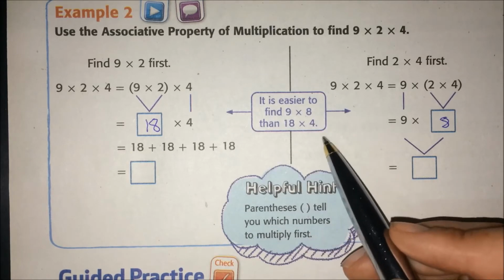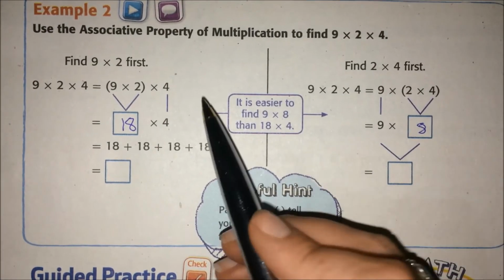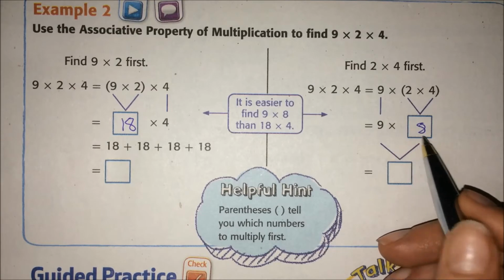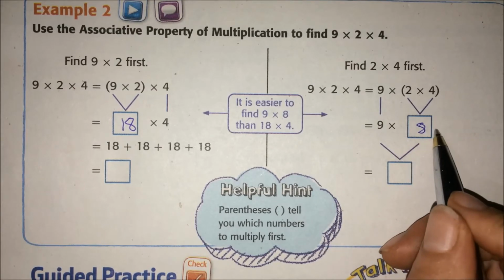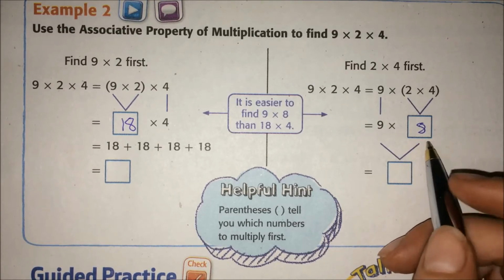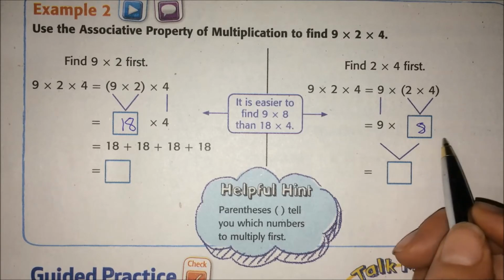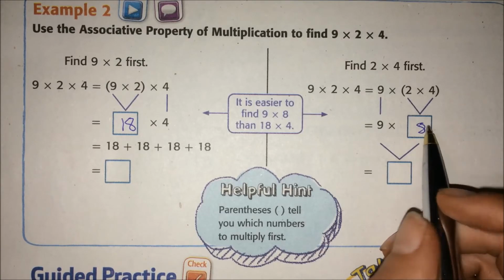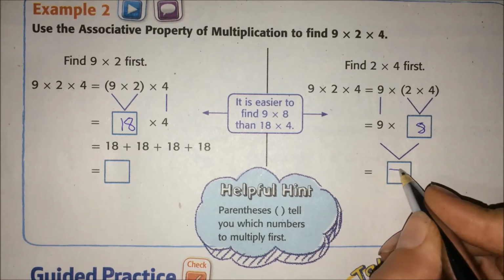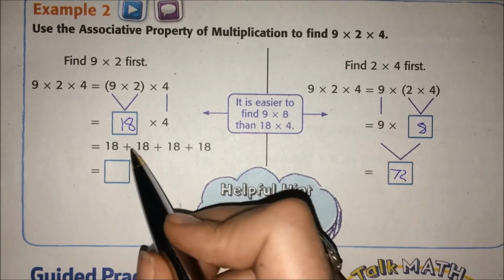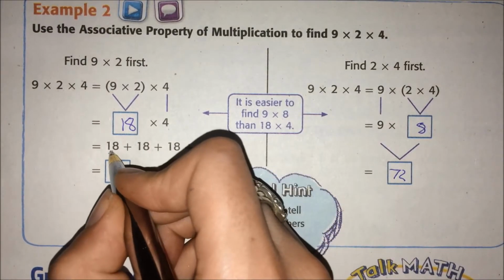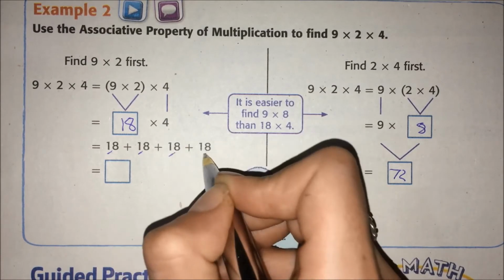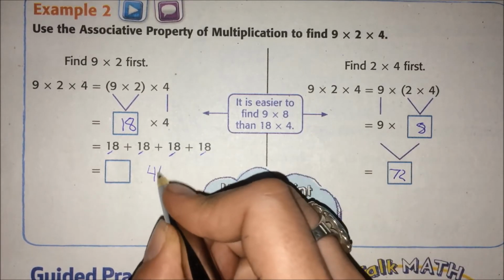You might not think that, and if you want to do it this way, go for it. I personally would choose this because this is one of my multiplication facts. I've memorized that 9 times 8 is 72. But this one would be pretty easy to do as well because I would say, okay, I have 4 tens, so that's 40.